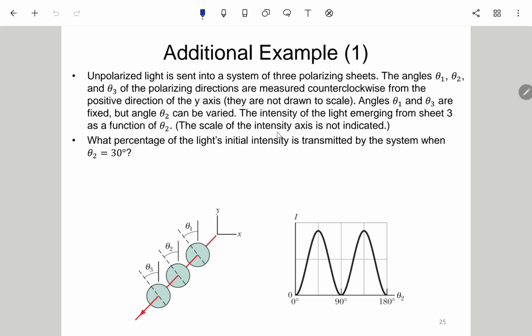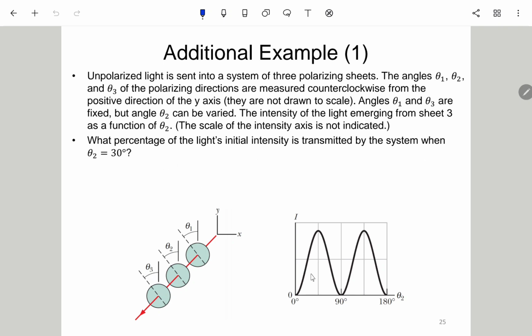Okay, the scale of the intensity axis is not indicated. It only tells you that the plot has this shape, and the angles are also drawn roughly, so don't assume anything from how they look. It asks what percentage of the light's initial intensity is transmitted by the system when theta 2 equals 30 degrees.